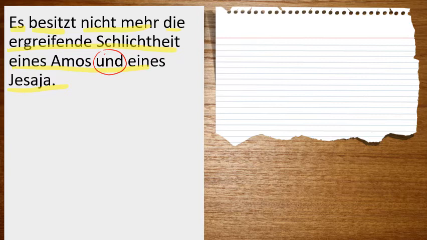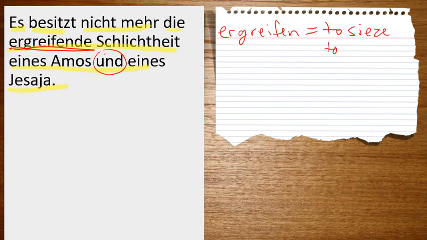One last thing, just I guess to point out, is that this adjective here, I keep saying gripping, and the reason why I'm saying gripping is because if you look up the actual verb behind this adjective, which is ergreifen, I think, then it means something like to seize or to grab.